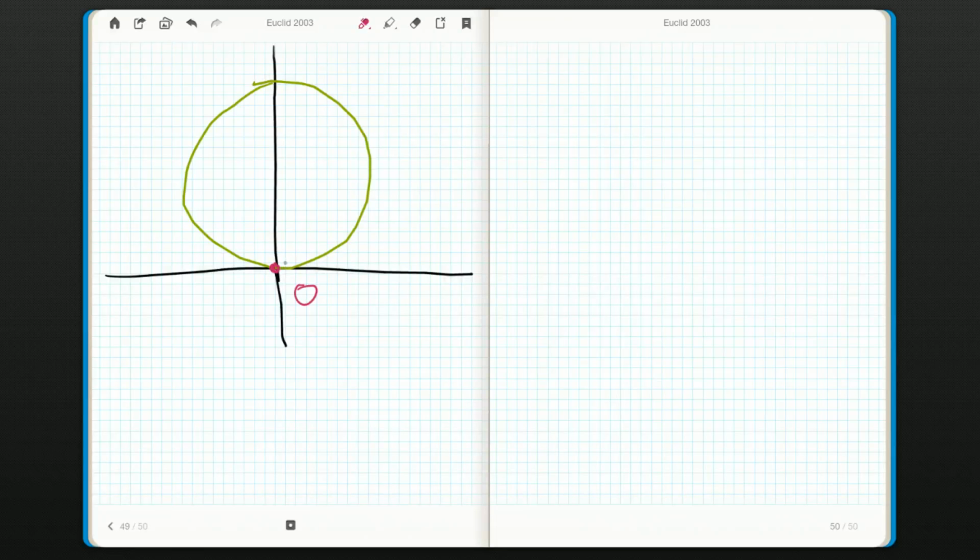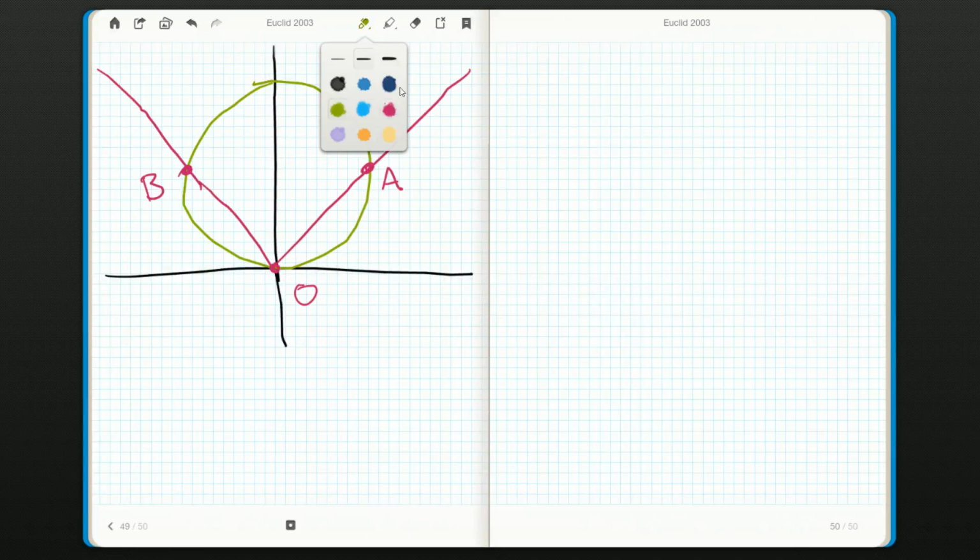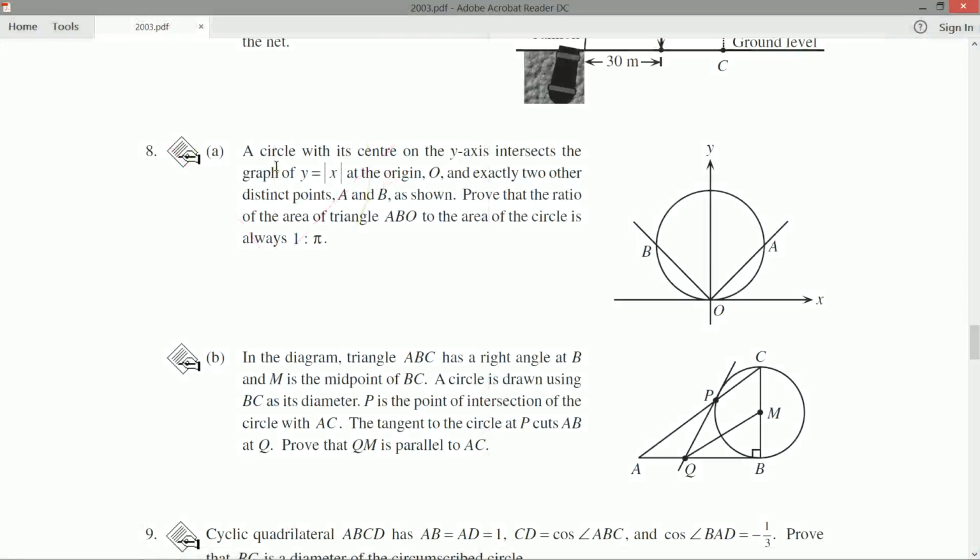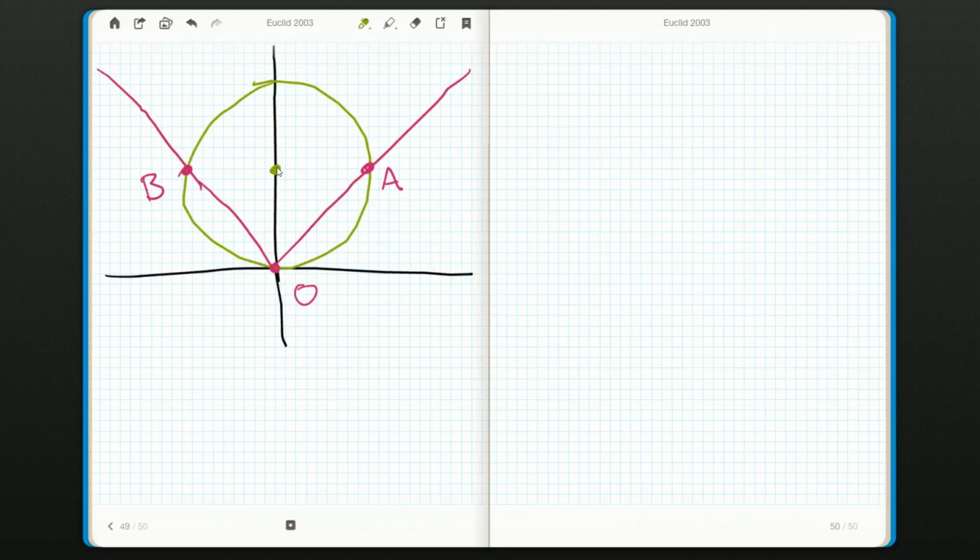So we have an intersection point O at the origin, and we've got our absolute value function. We've got A over here on the positive side and B over here on the negative side. So we're told that the center of the circle is on the y-axis, so let's give that a name. This length here would be the radius, so let's call this (0, r). Okay.